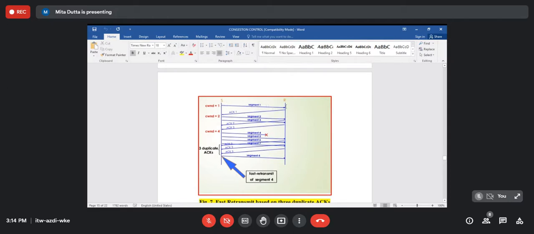We receive the acknowledgement, then the window increases exponentially. Now when CWND is 4, we send 4 data packets at a time, and due to congestion, packet 4 is lost, but the other 3 packets are received.